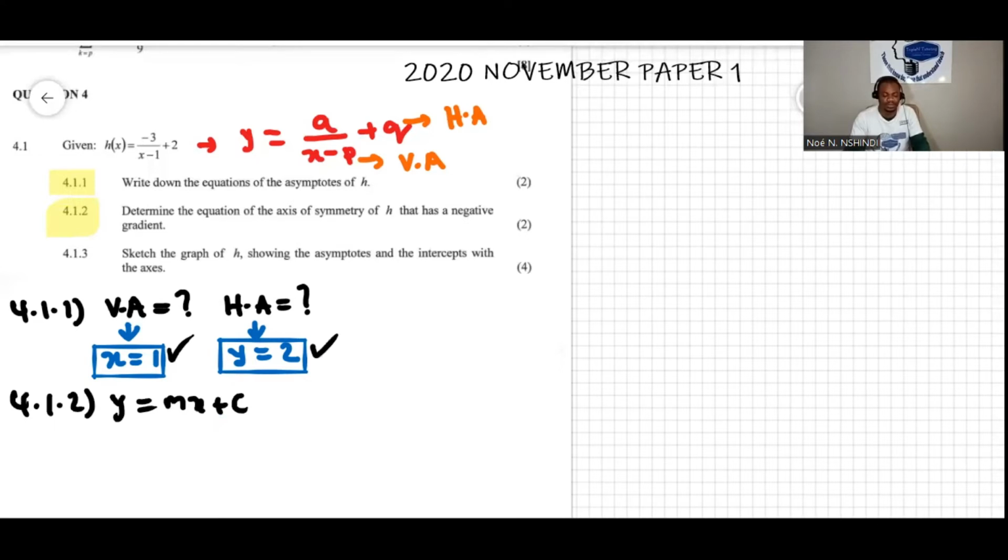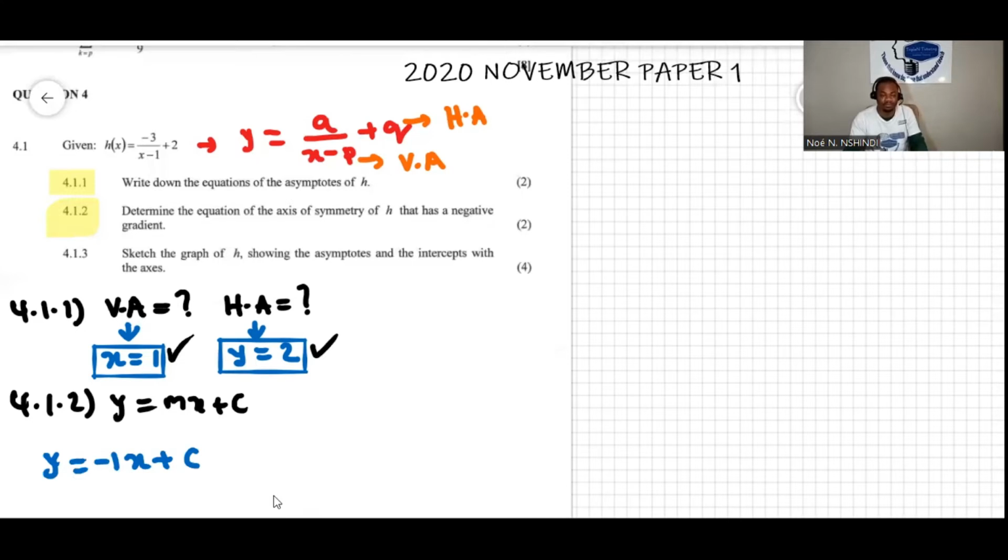Maybe before I use a formula, let's just work it out by substitution. The gradients of the axis of symmetry or line of symmetry are +1 or -1. So we want the one with a negative gradient. So it's going to be y equal to -1x plus c.